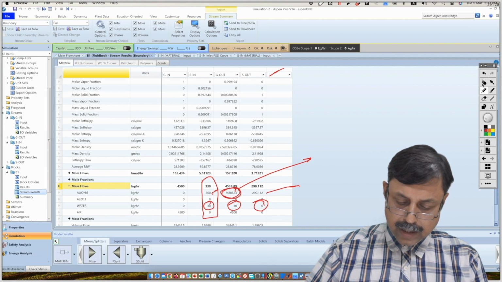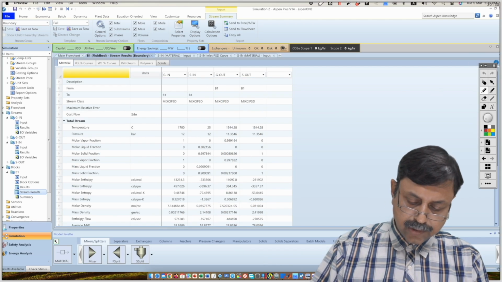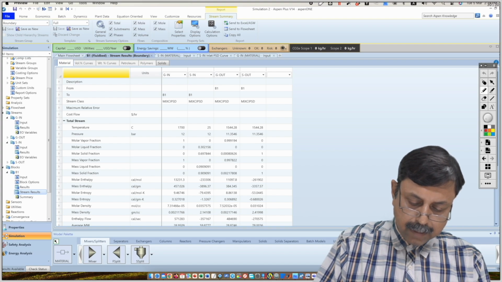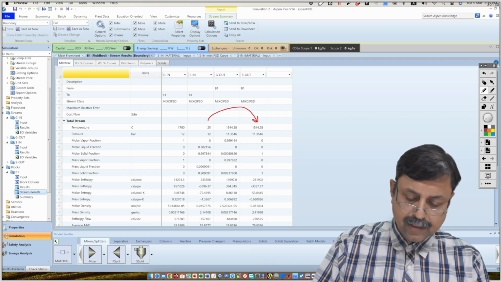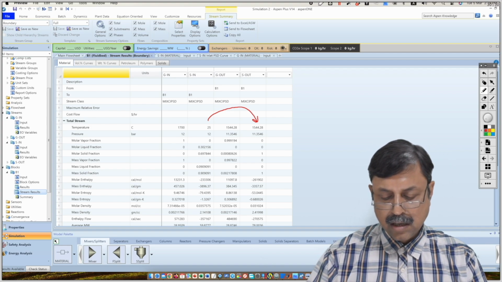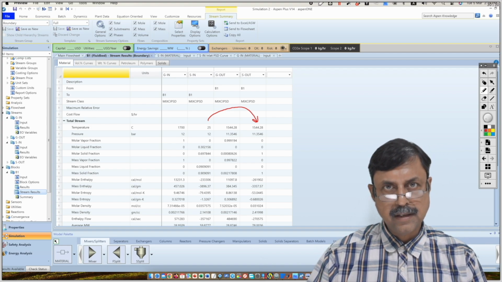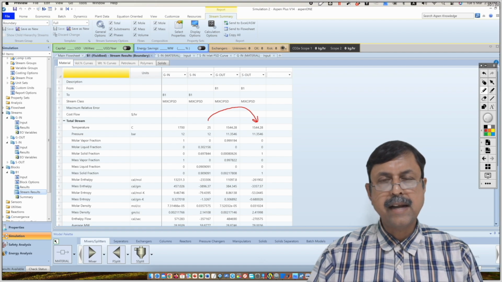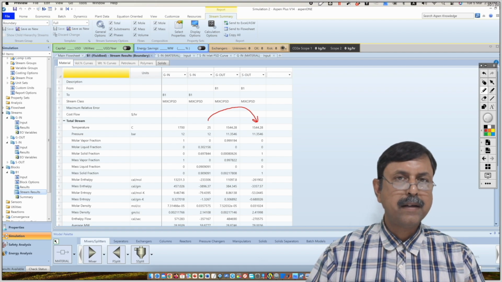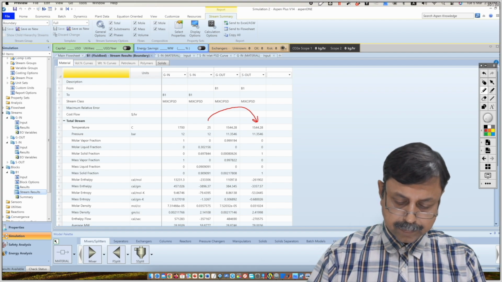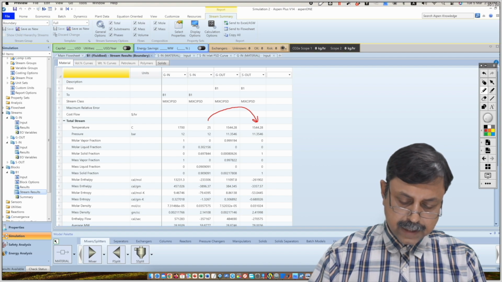Before that, you can check the temperature of the streams. The temperature of solid is increasing from 25 degrees centigrade to 1544 degrees centigrade. So it's a high temperature, and at that temperature, you do not expect any water to be there. Right?